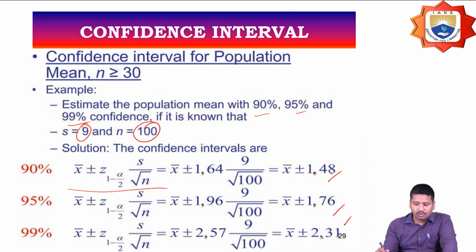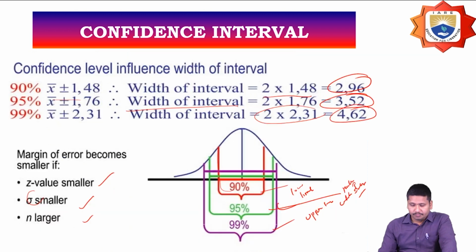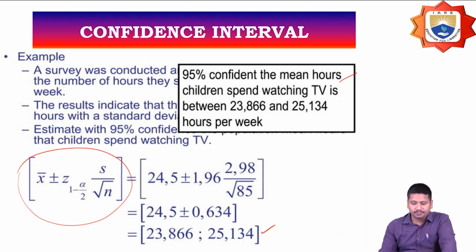How do we calculate for 90%, 95%, and 99%? These three are the confidence levels: low, medium, and high. And how do we calculate the width of the interval? Based on the equation, the width of the interval is multiplied by 2, so that you can clearly extract the regions of this confidence interval.